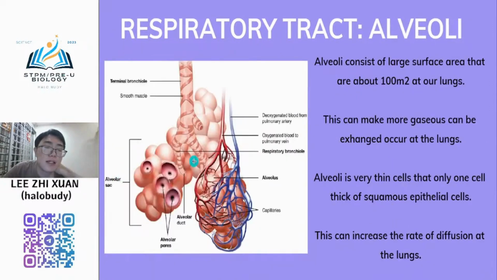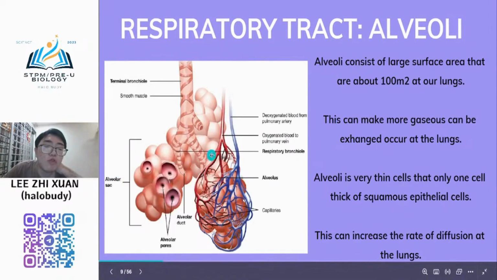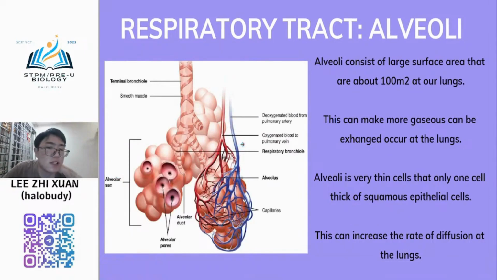This alveolus is the key structure that plays the role in gas exchange in humans. The large surface area enhances the efficiency of gaseous exchange, so more gases will be exchanged at the lungs.